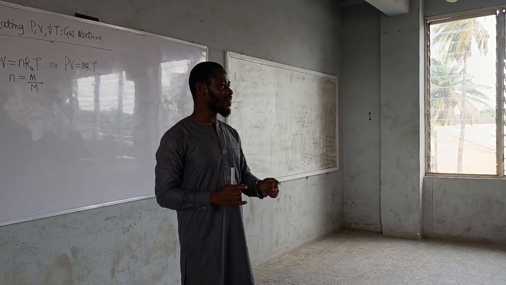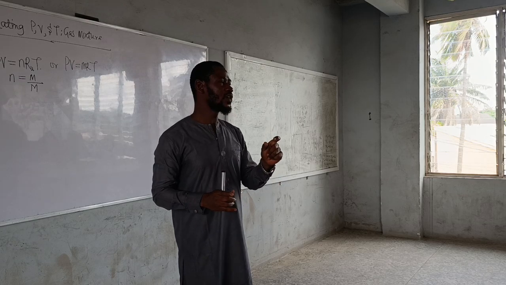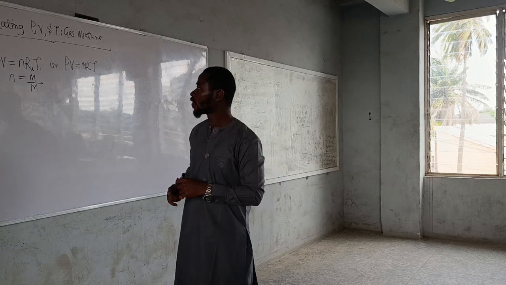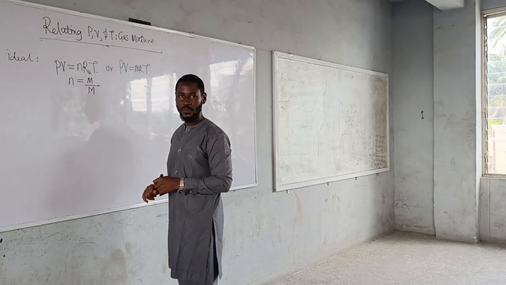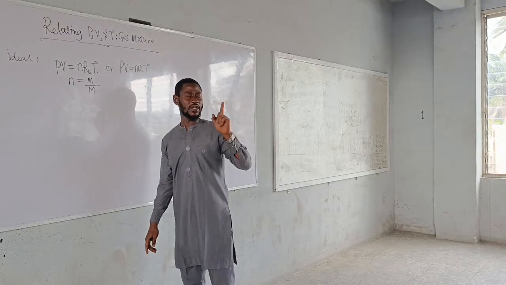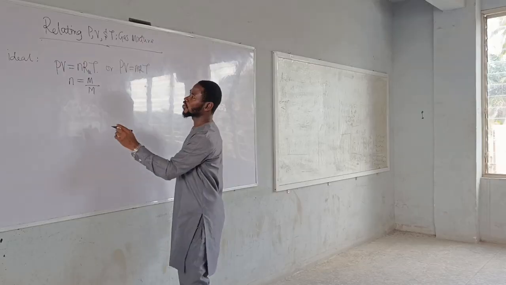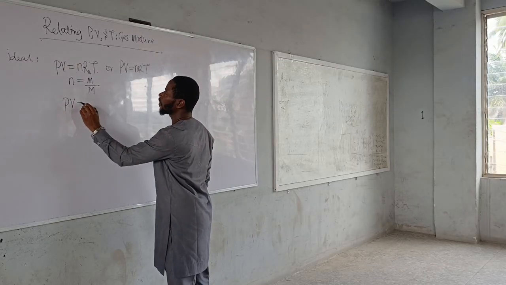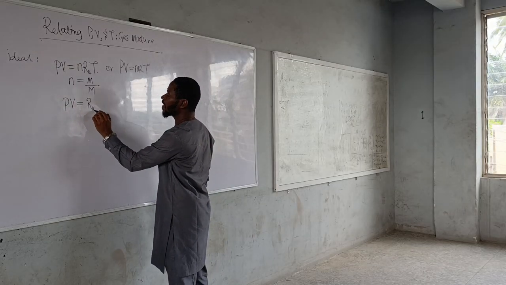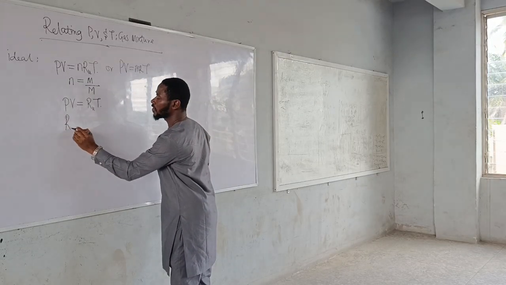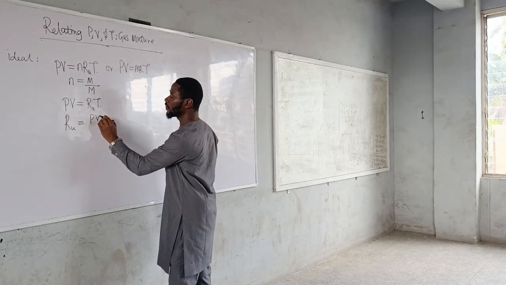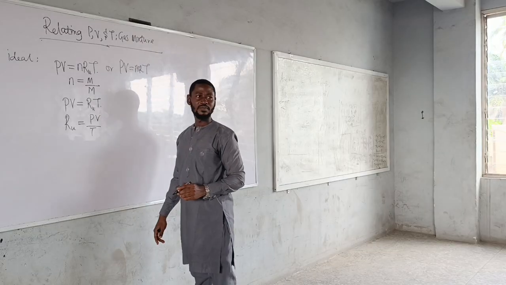How do we arrive at that value is what we are about to do now. So now let's go by this equation, PV equals nR_uT. For a unit mole, the equation becomes PV equals universal gas constant multiplied by temperature. Making this the subject of the formula, we have PV over T.